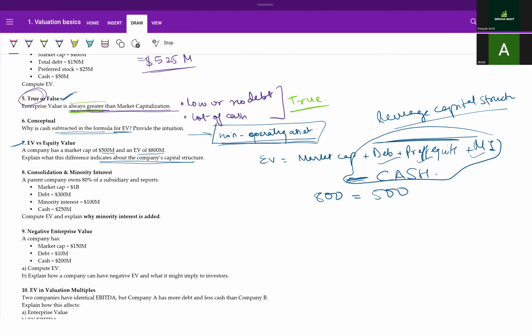You have raised money using debt, preferred equity, and minority interest, and invested somewhere. You own more than 50% but less than 100% of some company, and you have subtracted the cash to pay off some of the portions. This is what causes the difference between the market cap and the enterprise value of the company. Technically, in financial terms, it's called a leveraged capital structure.